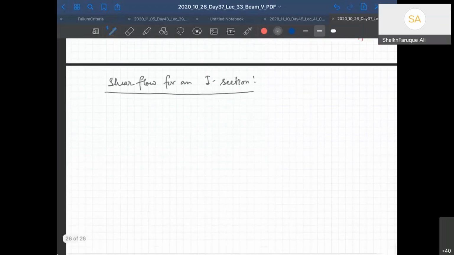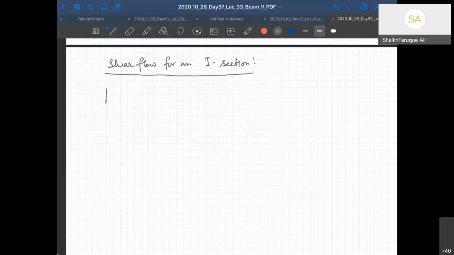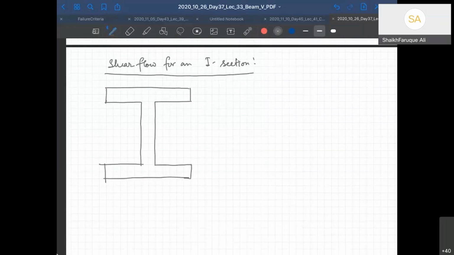Now if I draw an I section here, I know my shear flow is going to go like this. It is 0 here because that's the boundary, right? So this should be 0 here, Q equal to 0.